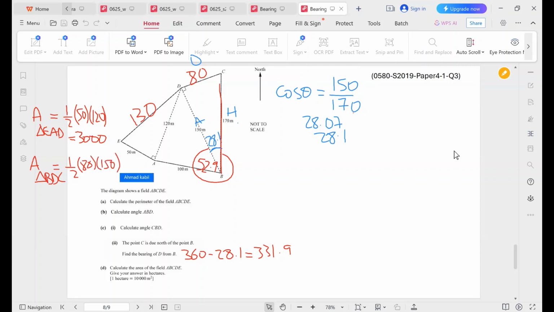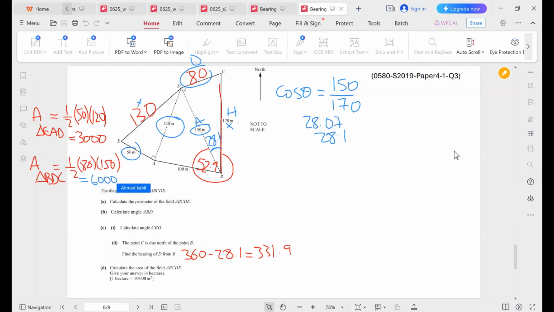In both of these triangles, I took the sides that were not the hypotenuse: 120 and 50 for the first, 150 and 80 for the second, because it's half base times height. So 0.5 multiplied by 80 multiplied by 150 gives us 6,000. So the area here is 6,000.